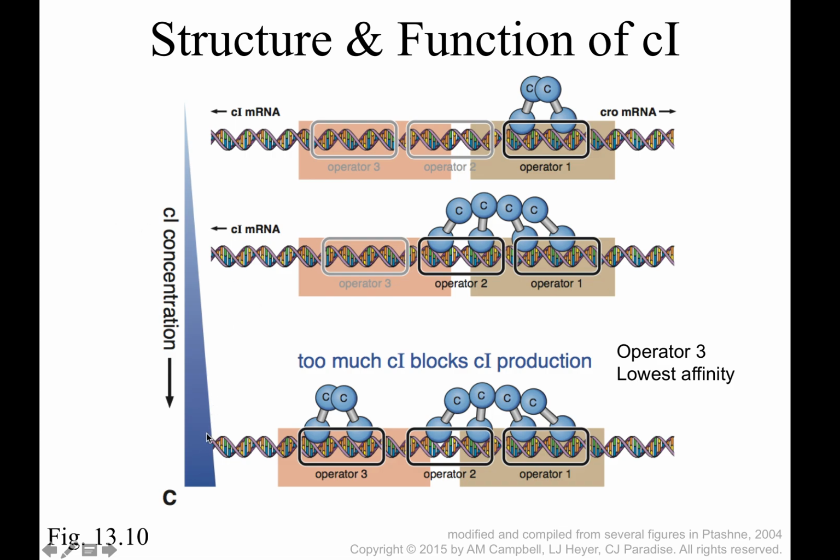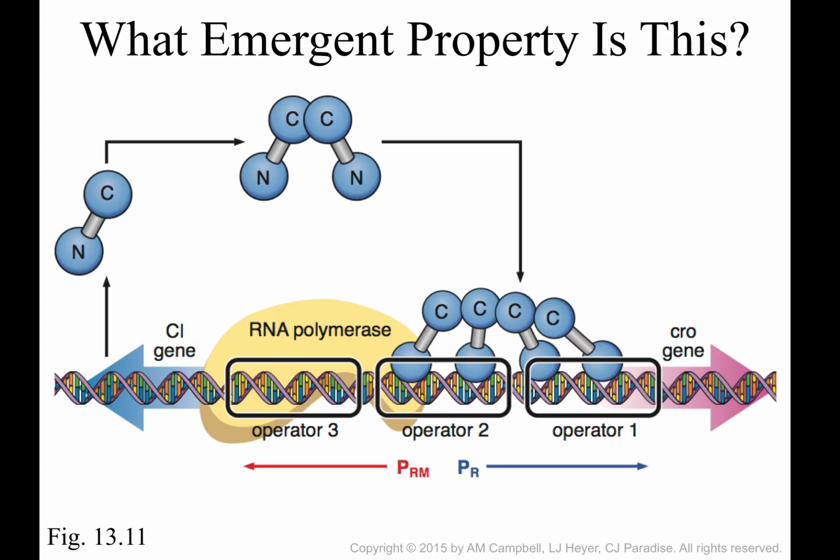If you make too much CI, though, operator 3 also gets bound. Operator 3 has the lowest affinity, so this is the weakest magnet. It always gets bound last, and once it binds, it shuts it off. So too much CI blocks the CI production. So if operator 3 is bound, now RNA polymerase cannot bind, and you don't get any more CI being made.